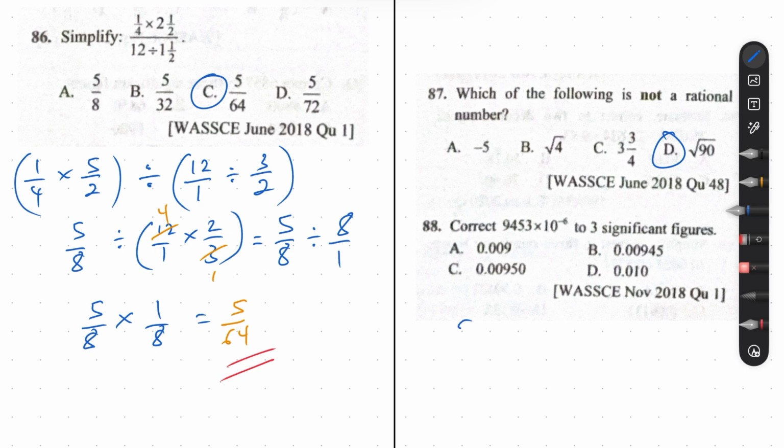So we have 9,453. This number has an imaginary decimal point over here, so let's just put it there. Now if we have times 10 to the power of a number, we need to look at that number and then we move the decimal point either to the right or to the left.